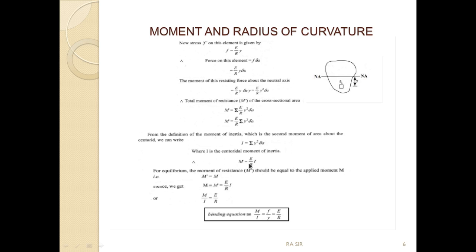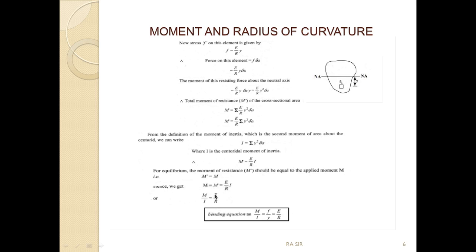Since this beam is in equilibrium, the resistive moment and the applied moment are the same. So we put capital M equal to M dash equal to EI by R, or M by I equals E by R.